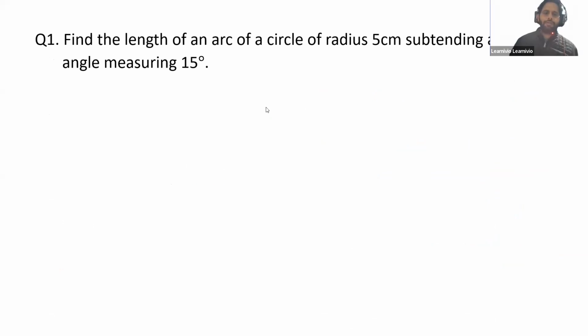So please try this question. You need to find the length of an arc, the radius is given, and the angle is given. You already know the formula.